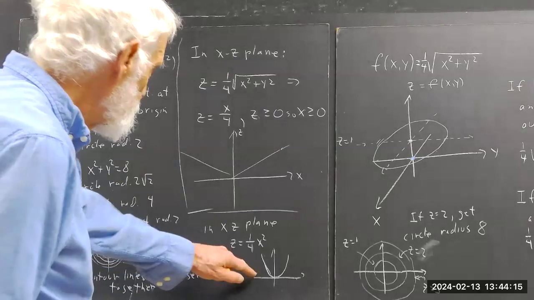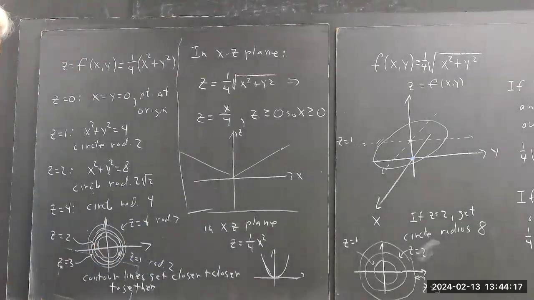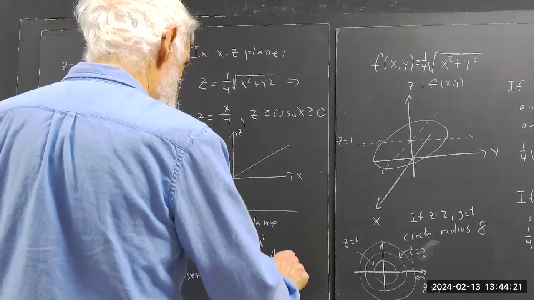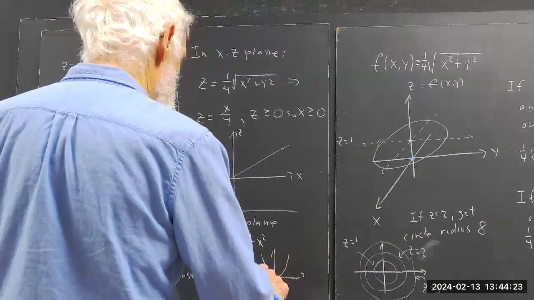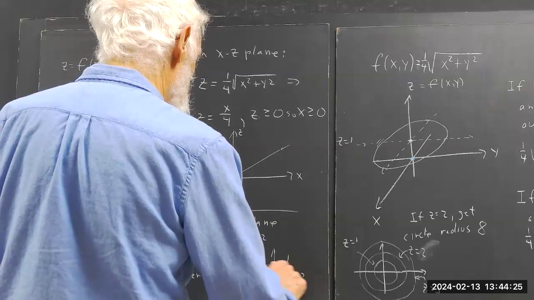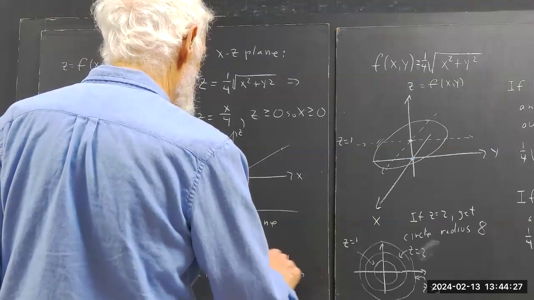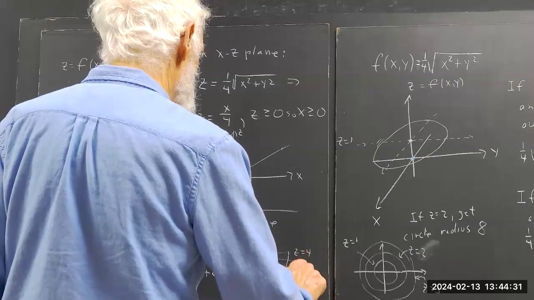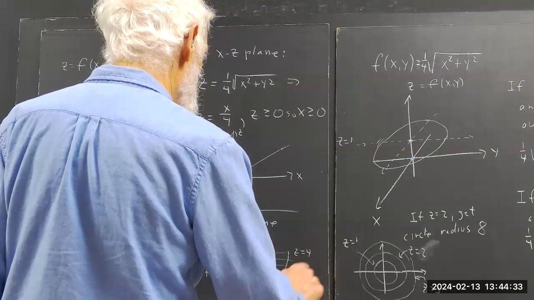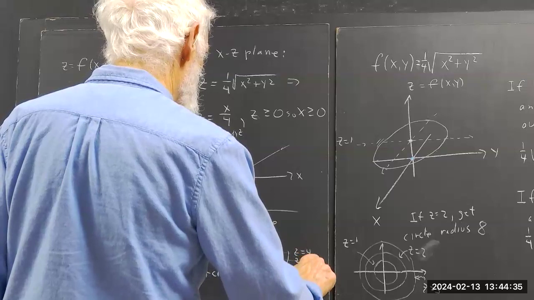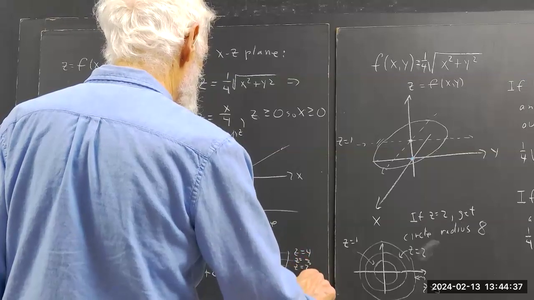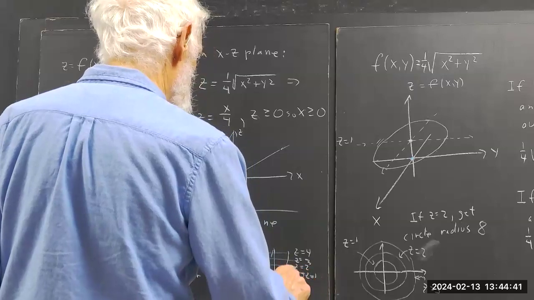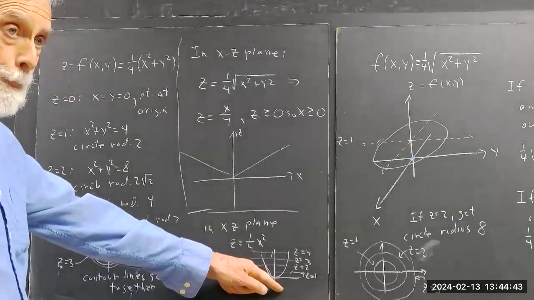And this is consistent with this, because z equals 1 here. Z equals 1, 2, 3, 4.